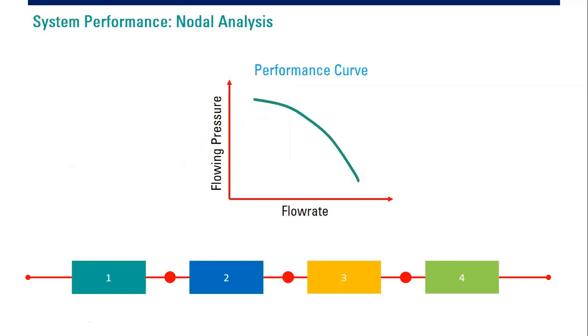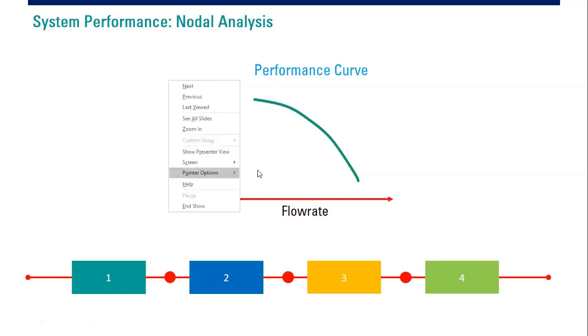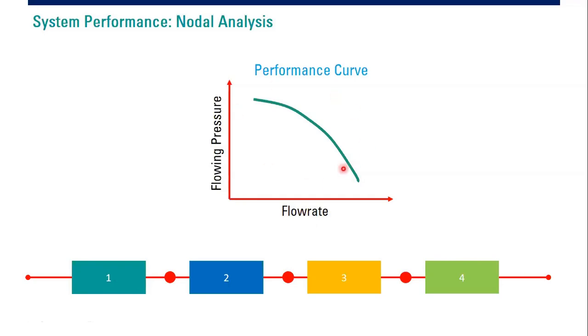In petroleum engineering, the best way to present performance is with a curve where the vertical axis is the flowing pressure and the horizontal axis is the flow rate.